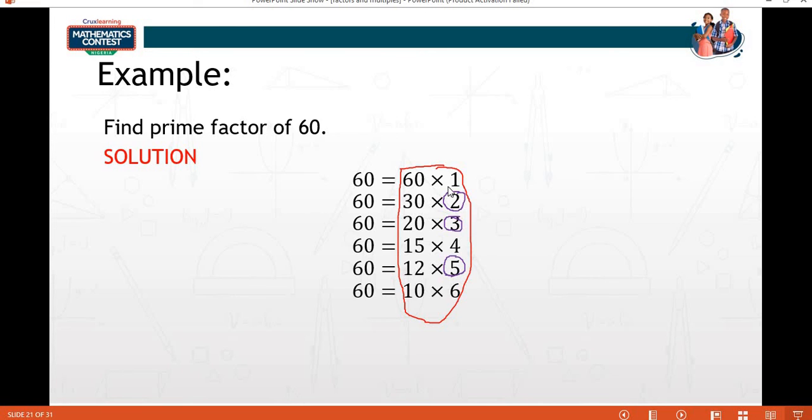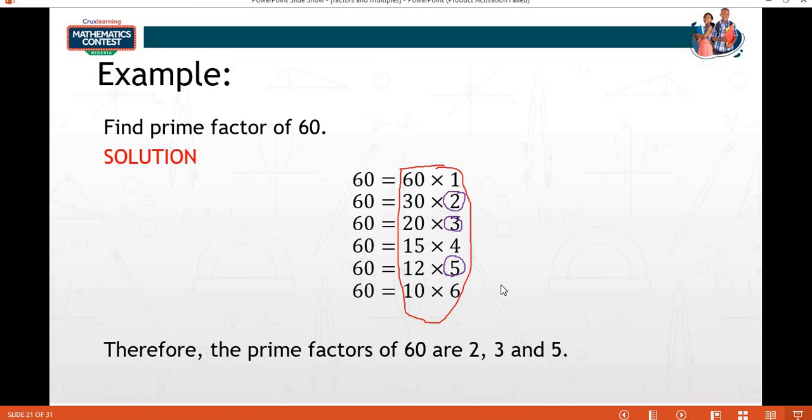These are factors of 60. Then we sort out the prime numbers: 2, 3, 5. Hence, the prime factors of 60 are 2, 3, and 5. Is that clear?